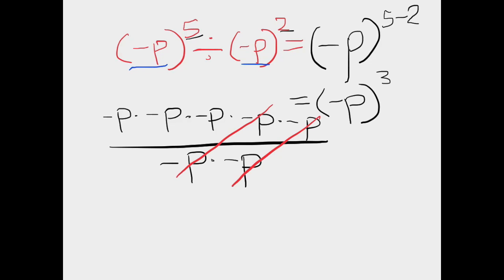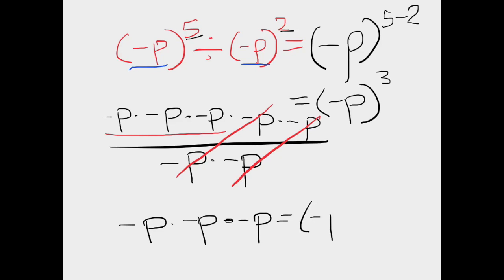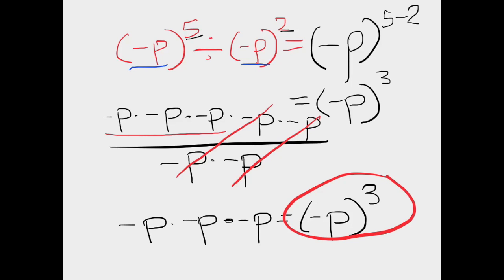I match them up, and I see that I have 3 factors of negative P. So I'm left with negative P times negative P times negative P, which is the same as negative P times itself 3 times. So again, my solutions match, therefore showing that I can subtract my exponents and I get the correct solution.